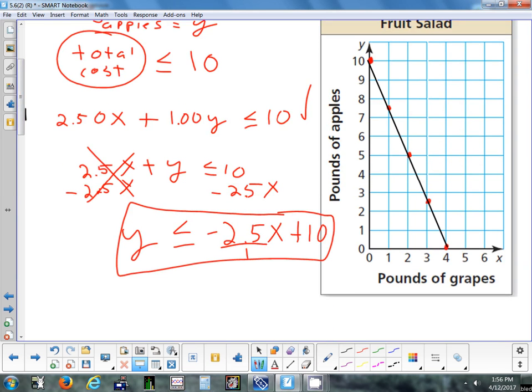Look at your symbol. Kyle? Why? Yeah, because it's less than. Less than, we always shade below. So shade below.